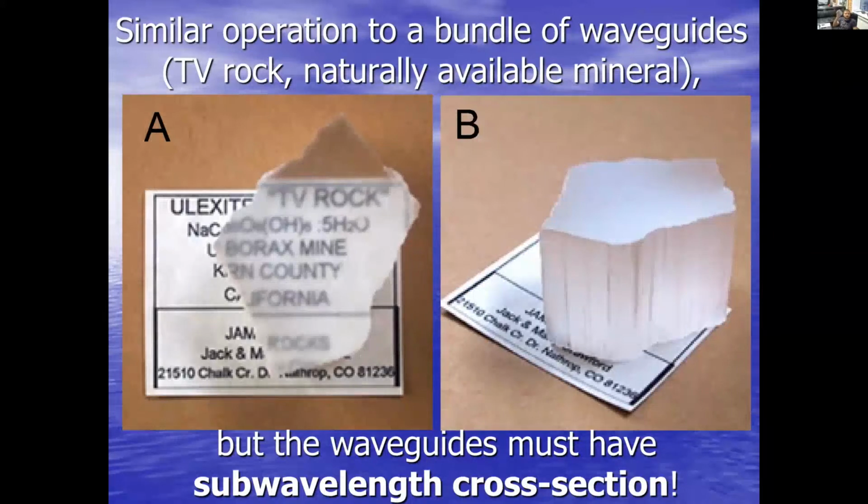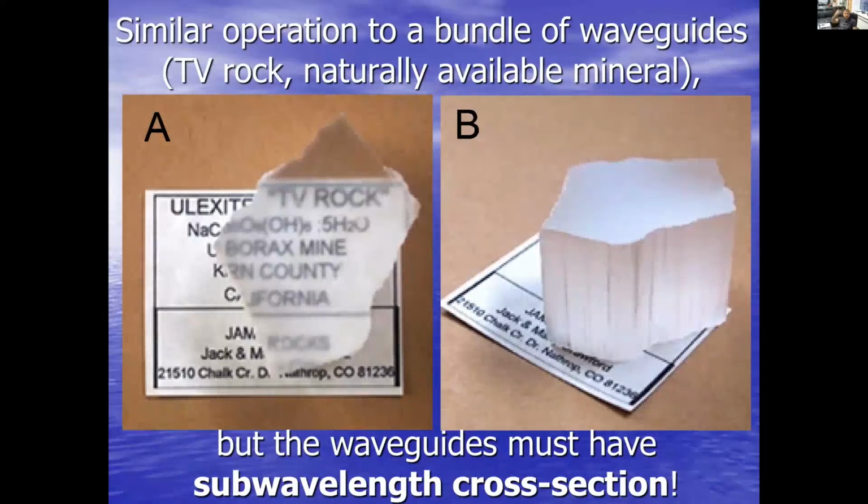But this is not a mineral, this is artificial TV rock made by the people from the Optical State Institute, but based on the same principle. So, an optical bundle of optical waveguides. This is a very nice thing, it gives us a hint.